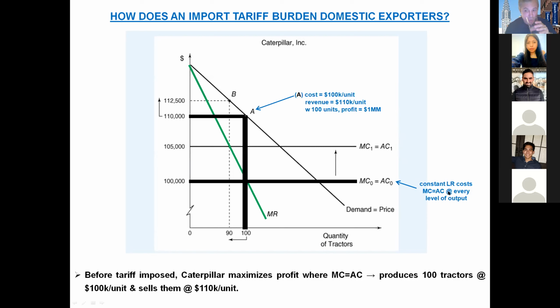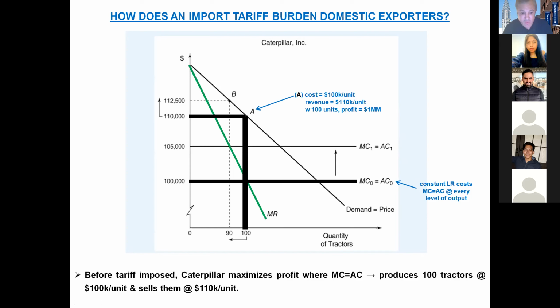As we see here, they face constant long run cost as a result of their economies of scale. So at every level of output, they're able to maintain their average costs, and their marginal costs will equal the average cost at every point in the long run.